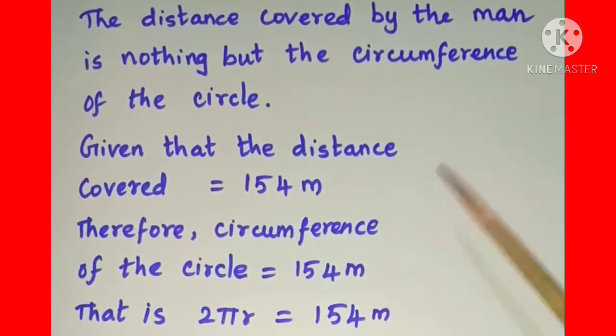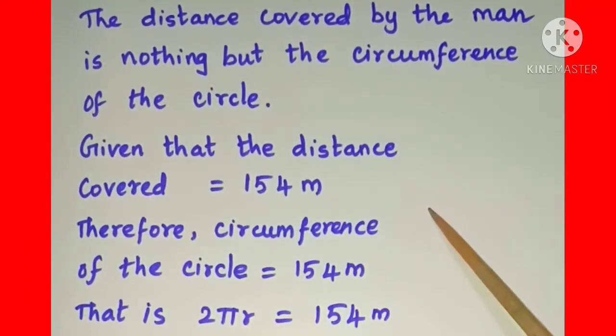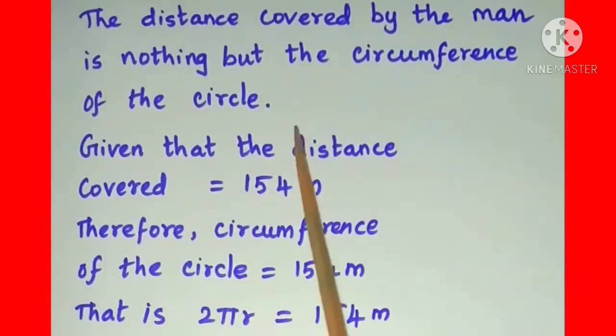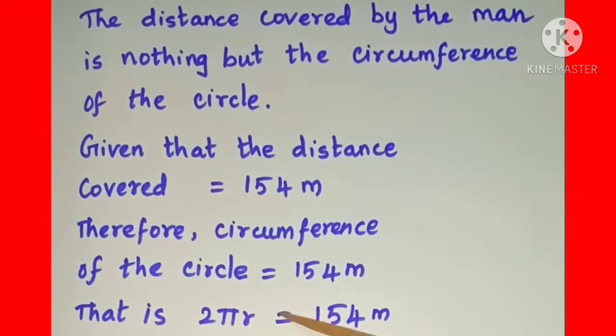That is the distance covered by the man, so we take it as the circumference of the circle. By using this circumference value, we are going to find the value of r, and then we use this r value in the area of the circle formula.